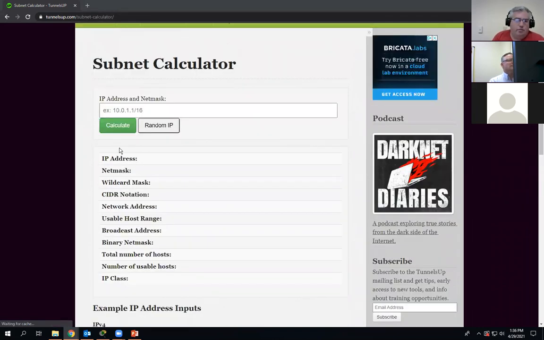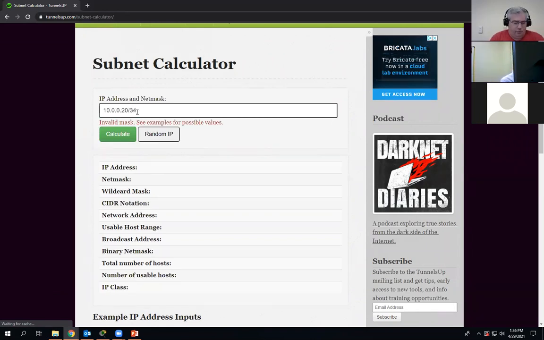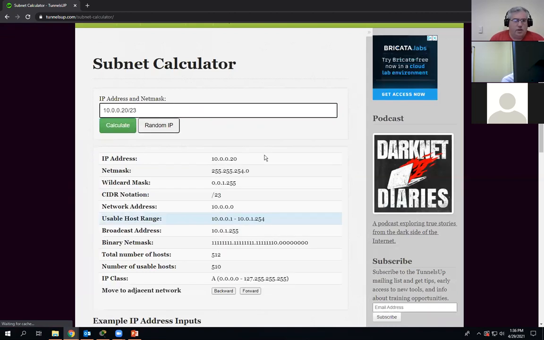You can type in any address with whatever subnet you want, say /23 instead of 24, and it would instantly give you all the different masks and CIDR notation and what your network address and broadcast address are for each one.